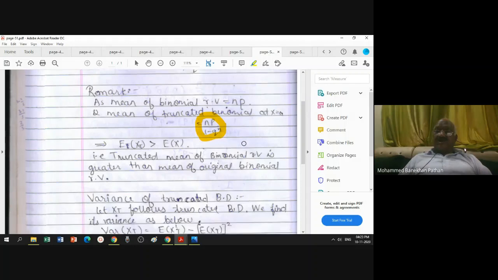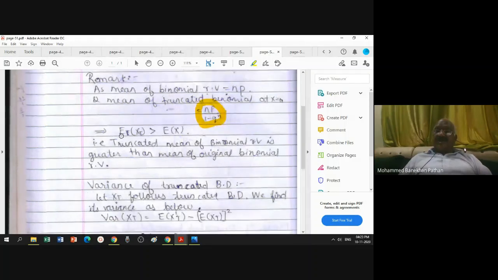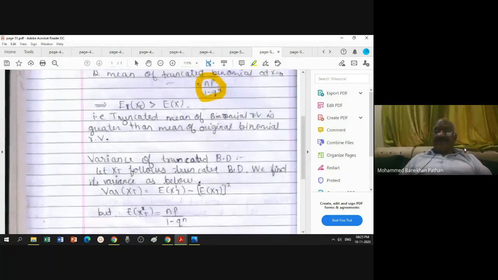So the conclusion is that the mean of truncated binomial is greater than the mean of original binomial. That is to be remembered. The mean of a truncated binomial random variable is greater than the mean of the original binomial random variable.